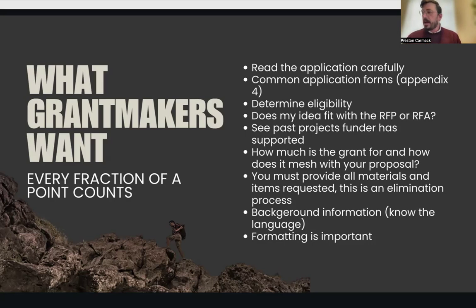I was doing this the other day. There was an academic kind of grant that I was looking at. And I went back to the organization, and they're attached to Villanova University. And I was looking at the different requirements that they have for the grant, but also I was looking at past projects that they had funded in the past. And I was looking through it, and it was really helpful.